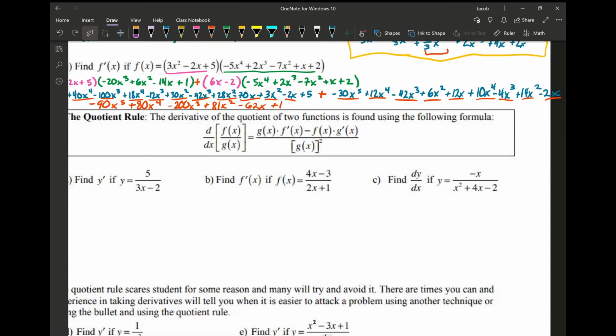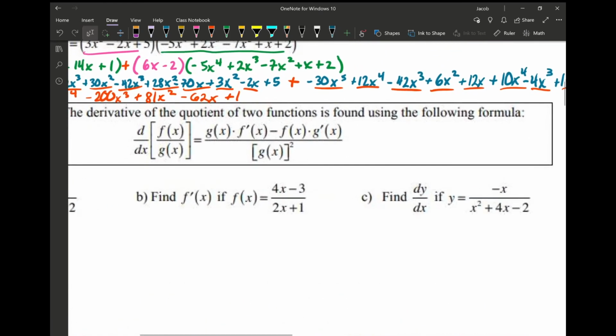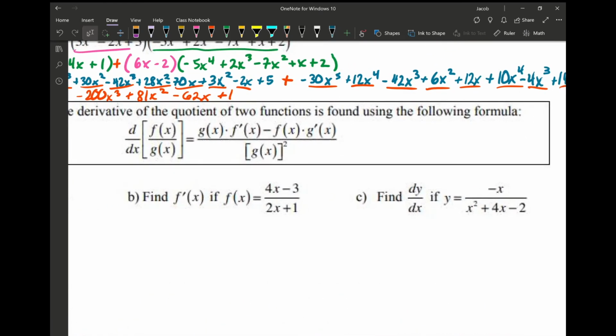So the way to remember the quotient rule, because if you don't have it written at the top of your page like this is, then it's pretty tricky. You've got to remember low derivative high minus high derivative low, and that's all over low. If I could draw a division bar, it's all over low.